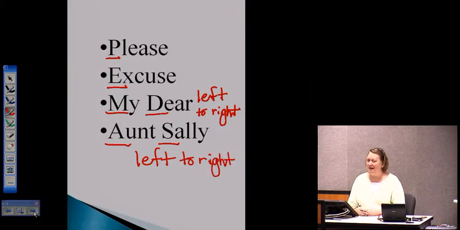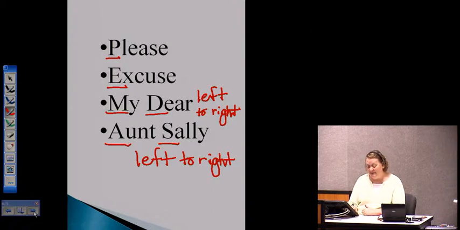That's why they're on the same line together, because they have equal priority. Multiplication does not have a higher priority than division just because it comes first. It just comes first so that it makes sense to say my dear as opposed to dear my. We could actually say just as easily, please excuse dear my Sally Aunt, but it doesn't make as much sense. So we'll stick with please excuse my dear Aunt Sally.